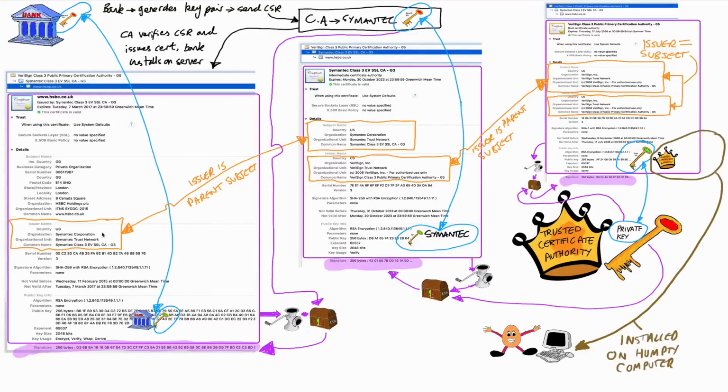Now I know that what that means is that this signature comes from them. So to validate that signature, what I'm going to need to do is find the public key belonging to Symantec Class 3 EV SSL CA, right?